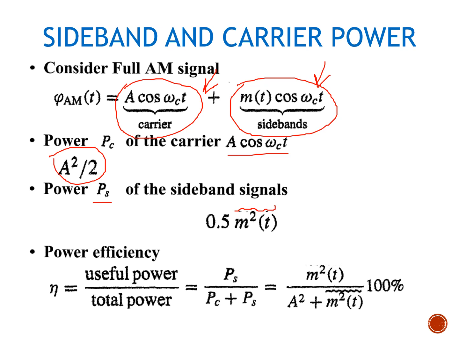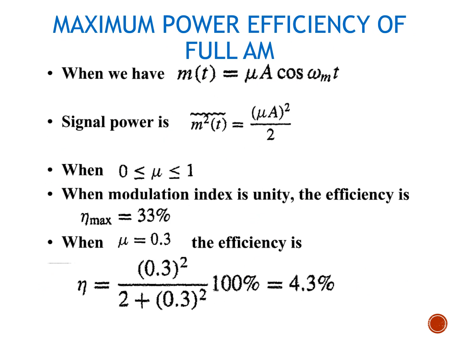So the efficiency would be equal to the useful power divided by the total power. The useful power in this case is the power in the sidebands. The total power is the power in the sidebands plus the power in the carrier. When we multiply it by 100, it gives us the efficiency as a percentage. So this is how we calculate the efficiency of a full AM signal.